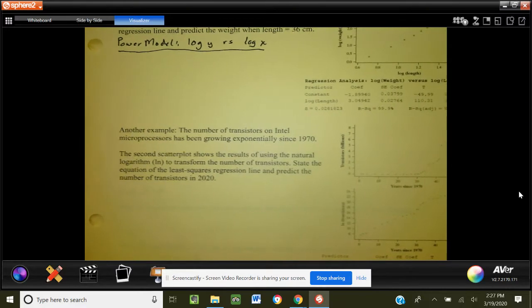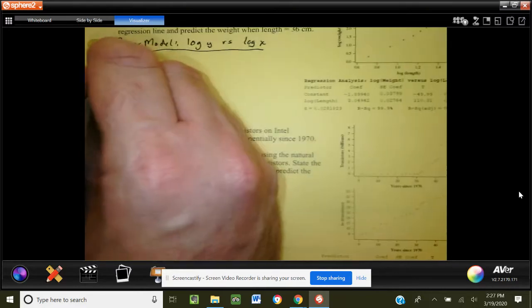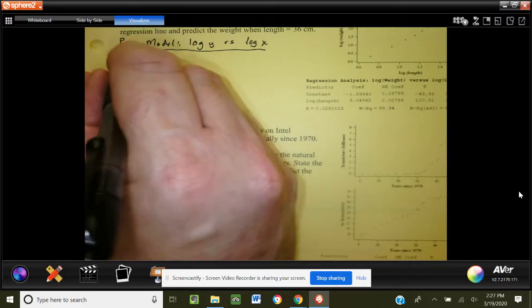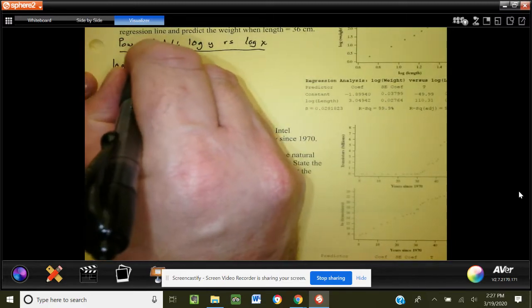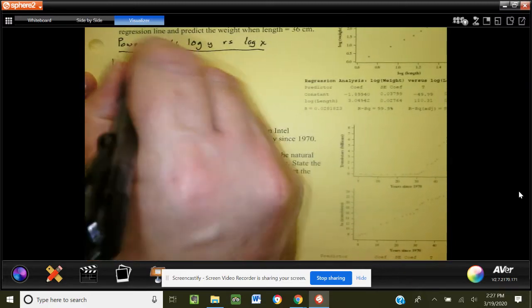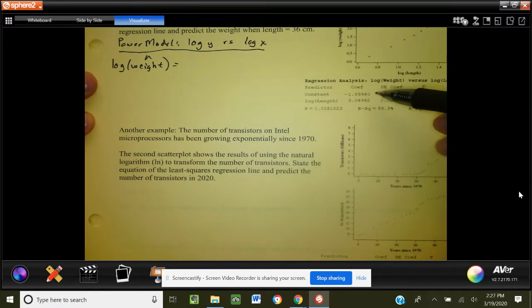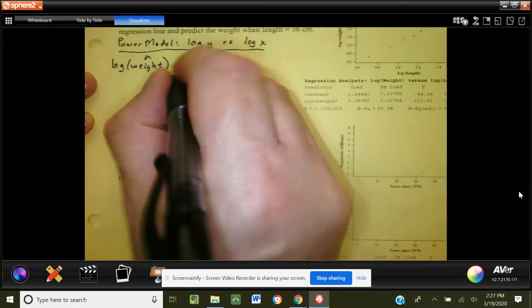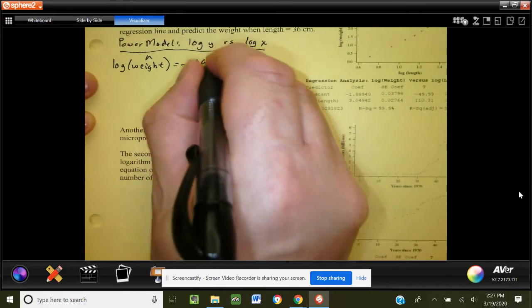Okay, how do we do predictions? Well, so now our equation is going to be the log of the predicted weight is equal to, our y-intercept is, looks like negative 1.899 plus our slope, in this case, is 3.049.